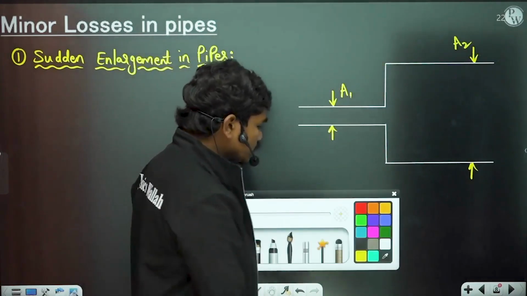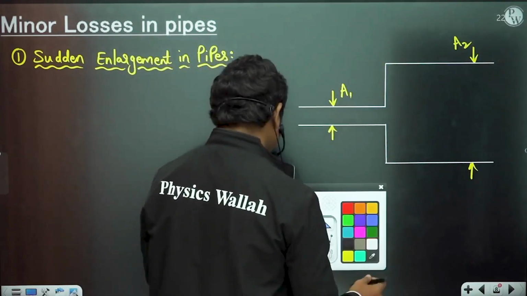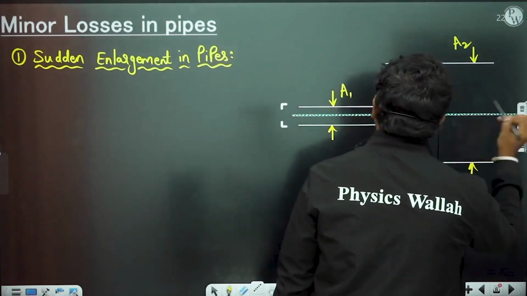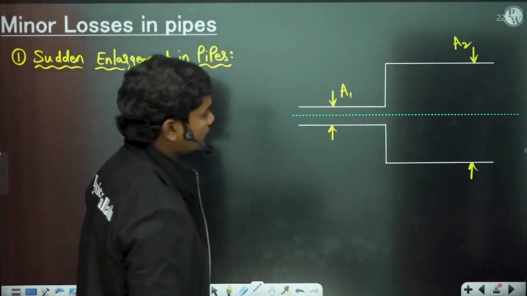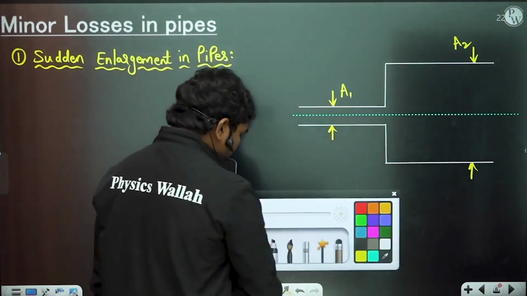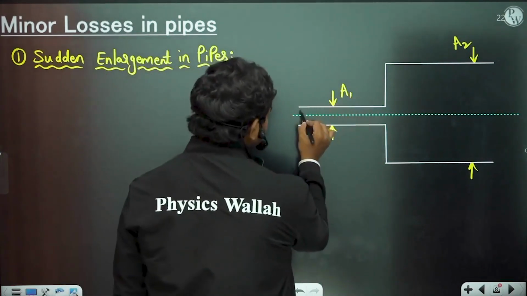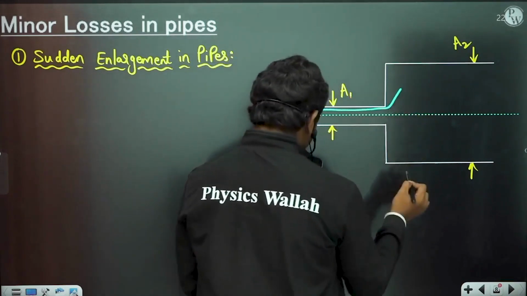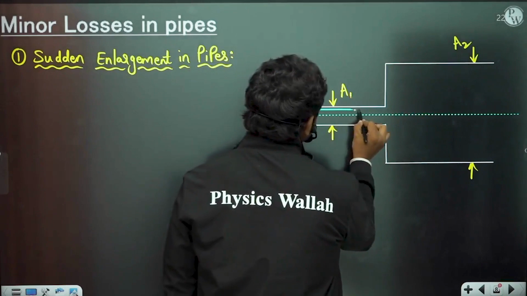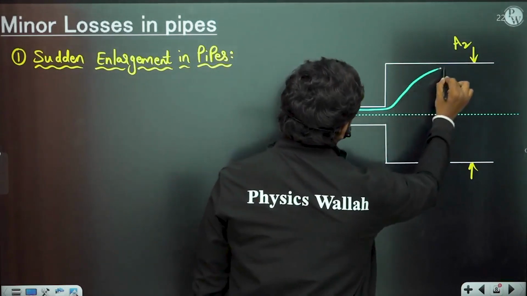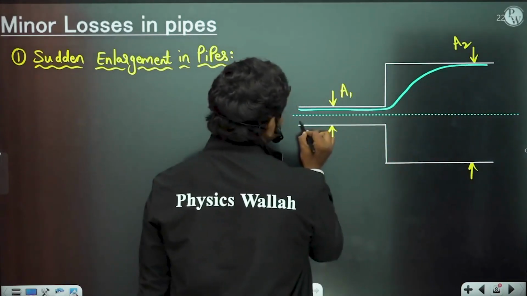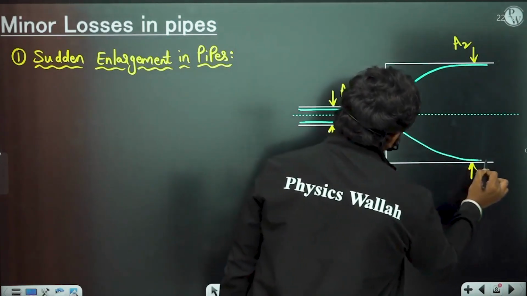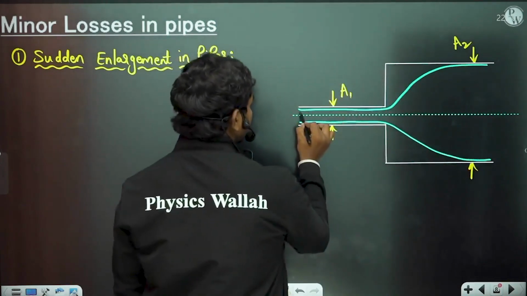Now if there is some flow, the flow happens in this way. The streamlines will come like this, and they find that there is some space, so they actually go like this. Similarly here also they will find some space and go like this, and similarly at all the points.